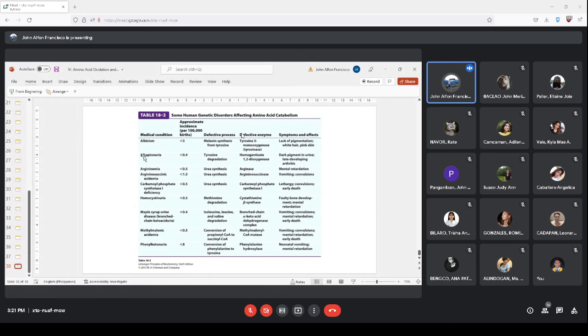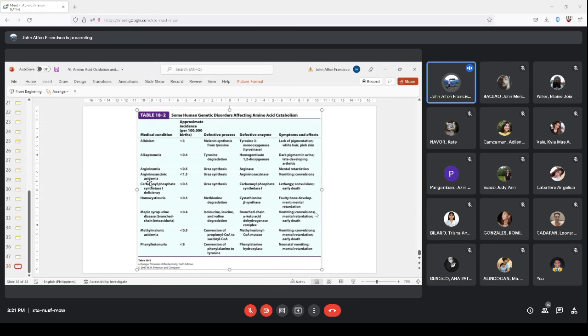We have discussed alkaptonuria. Other examples are argininemia, argininosuccinic acidemia, and carbamoyl phosphate synthetase deficiency. As you can see here, some of these can cause early death.